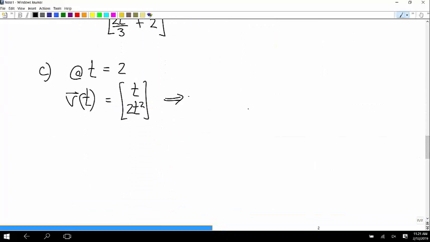And so plug in 2, and you get that the velocity at 2 seconds is equal to 2 for the x component and 8 for the y component.